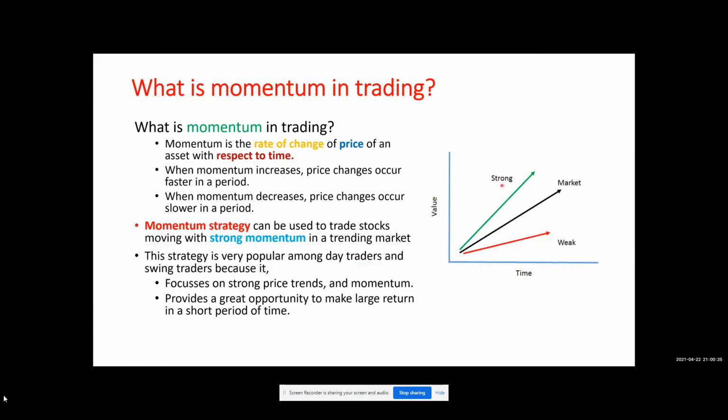There are three different stocks. The green one, let's say it's Tesla. The black one, let's say it represents SPY. And the red one, let's say it represents Apple. What can you tell from the get-go when you just stare at these three stocks?